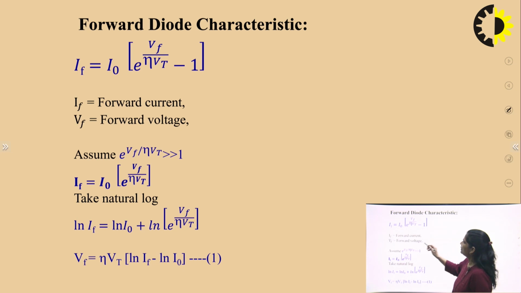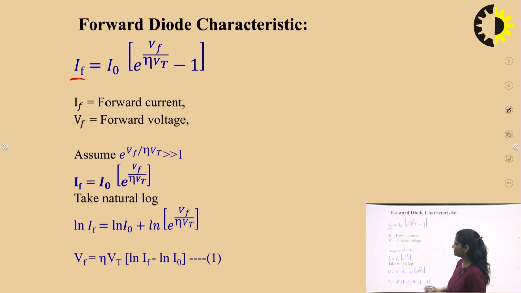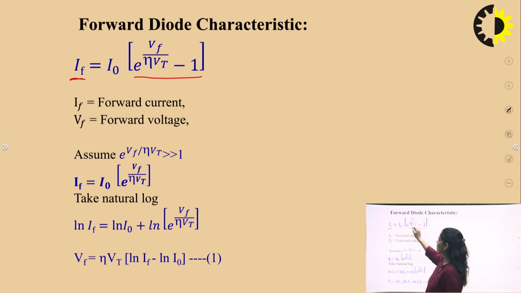Now, from the previous equation, we can find If is equal to I naught e raised to the power Vf upon eta Vt minus 1, where we are finding current in the forward direction. So, If is the forward current and Vf is the forward voltage. Here we assume e raised to the power Vf upon eta Vt is greater than 1, so you can write If is equal to I naught e raised to the power Vf upon eta Vt. Take natural log on both sides.